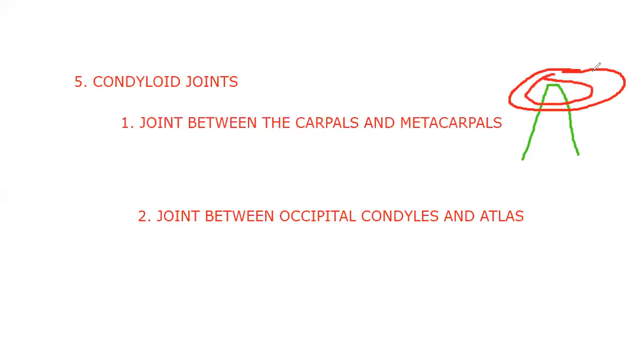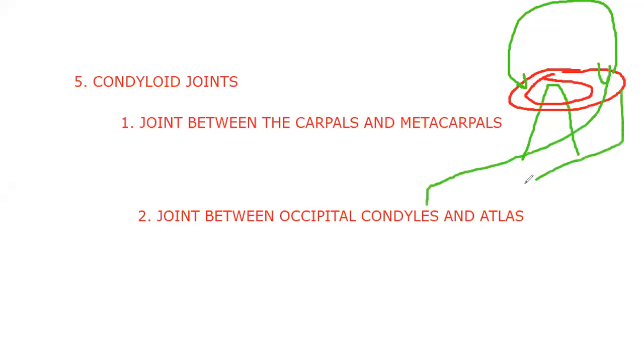Next, let me move this. Now we are talking about the skull, particularly the cranium. They have two facets. So that we have to talk about. Joint between occipital condyles, these are occipital condyles, and atlas. This red one is atlas.